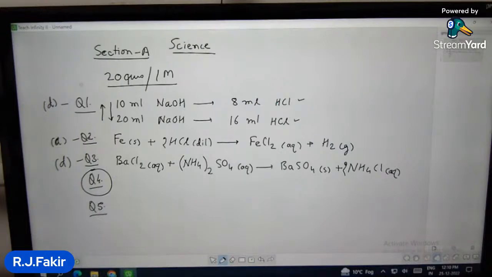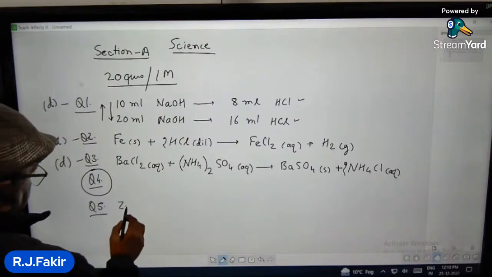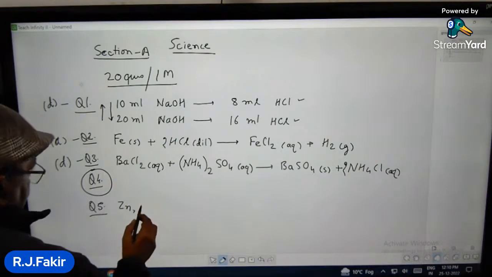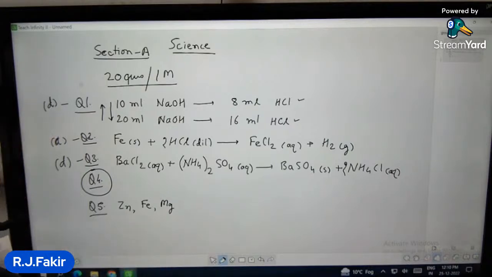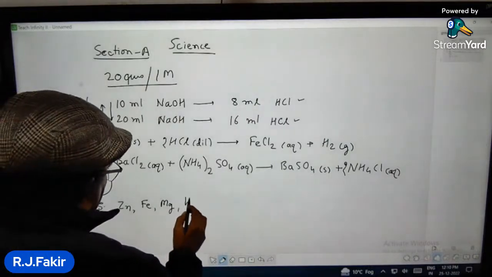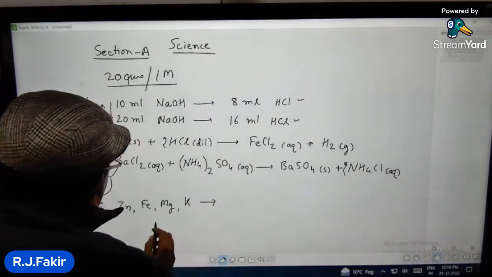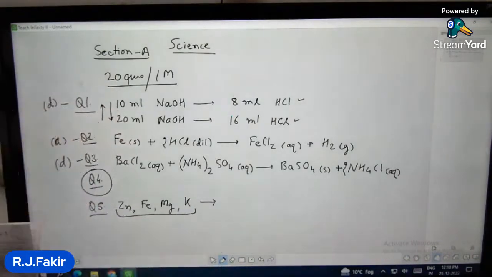This question generally is on the reactivity series of metals. Some metals are given to you, like Zn, Fe, then you have Mg and K. Generally, the options are either increasing reactivity of the metals or decreasing reactivity of the metals.